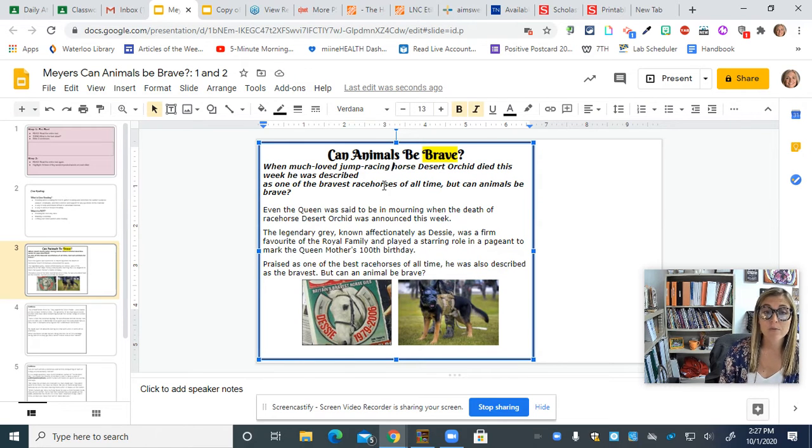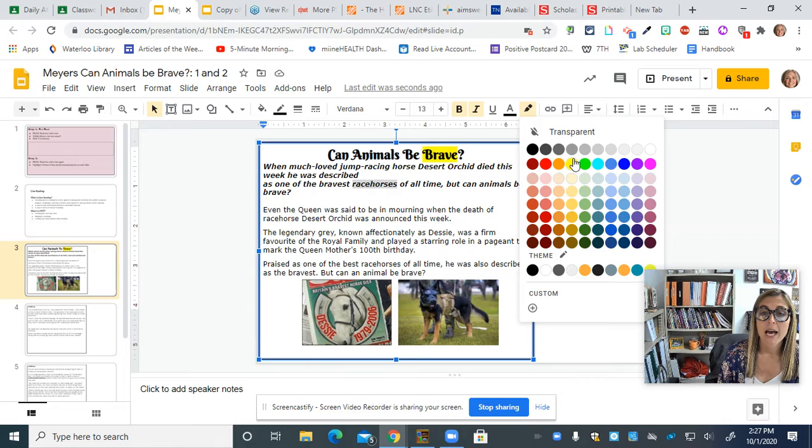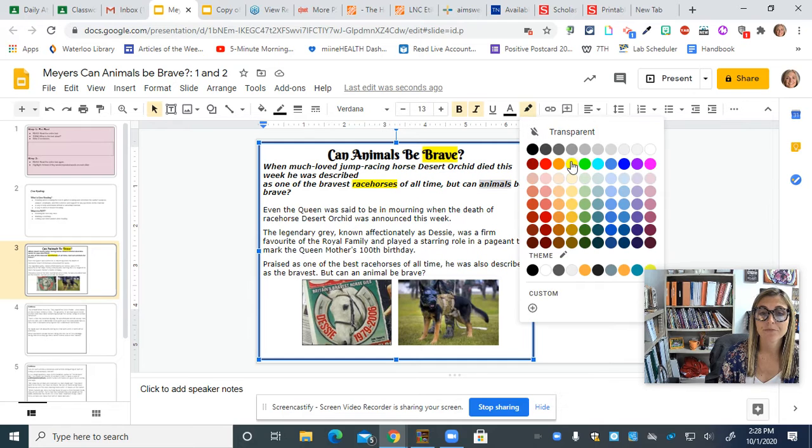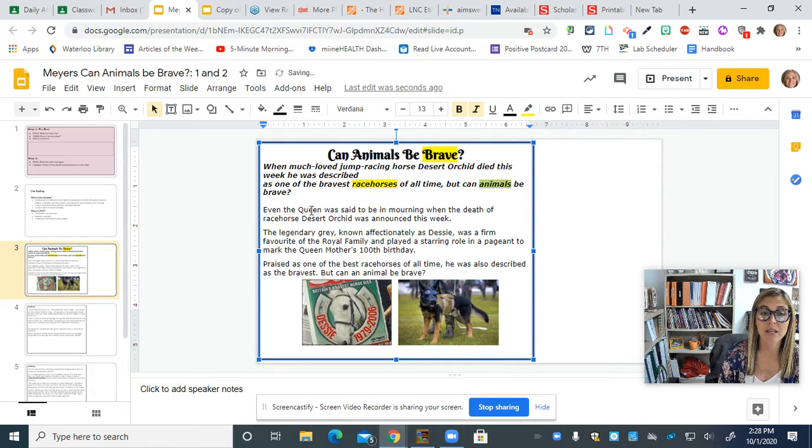Here's horse, racehorse, racehorse, and racehorse here. So I'm going to do racehorses. Highlight animals, animals. Here we have queen, queen mother, royal family, that's basically all the same thing. So I'm going to do queen.